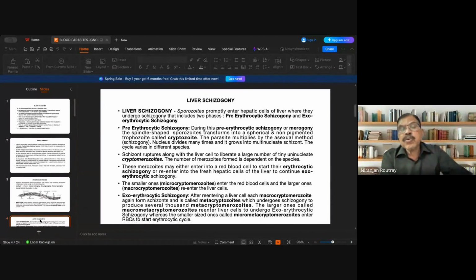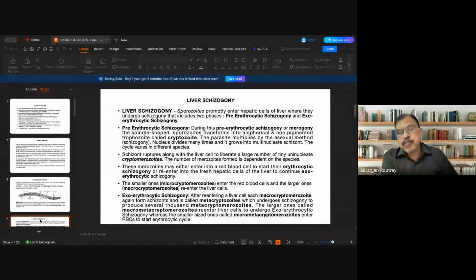Now, after exoerythrocytic schizogony, or this pre-erythrocytic schizogony, the cryptomerozoites which are produced are of two types. If it is a small one, it is called microcryptomerozoite, and if it is a large one, it is called macrocryptomerozoite.